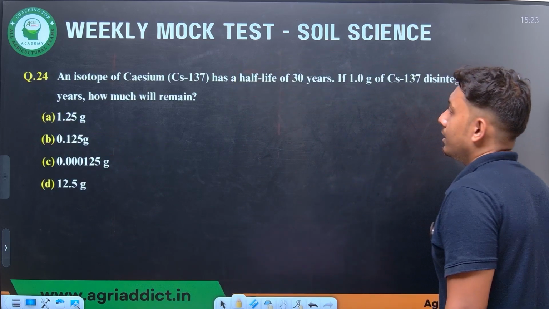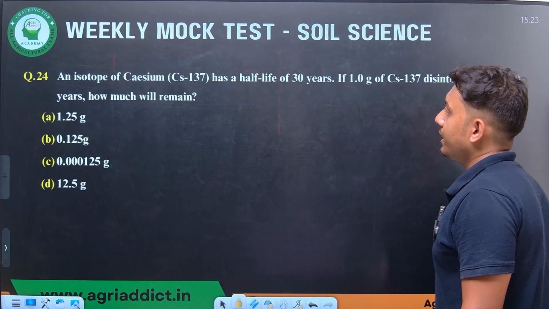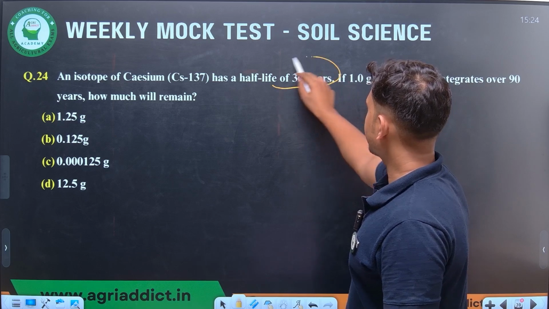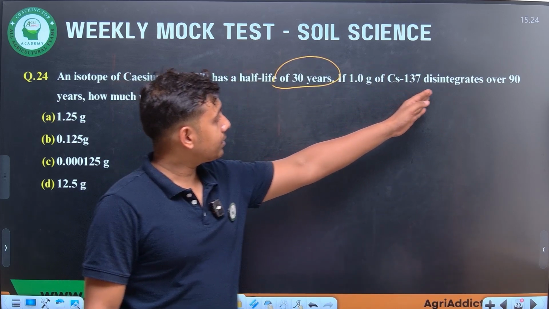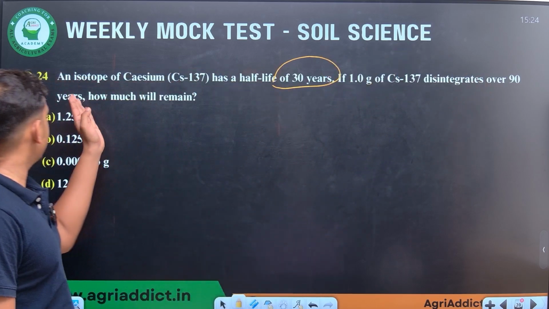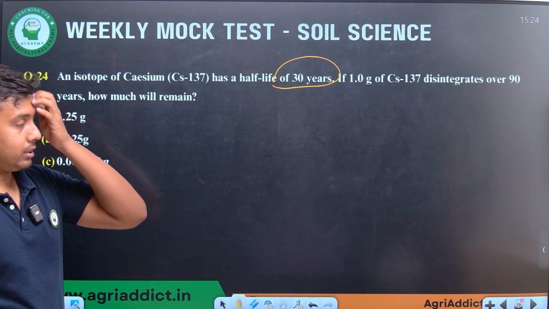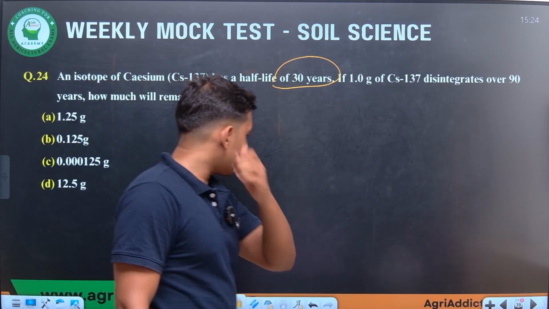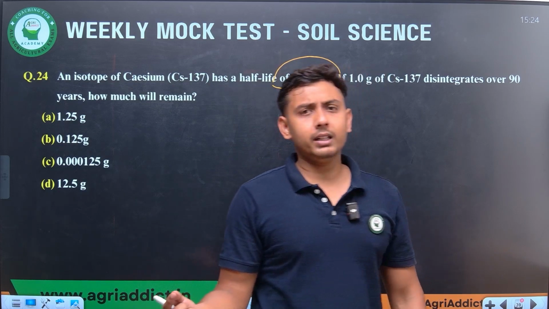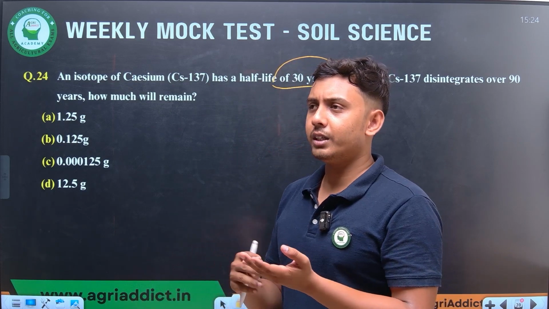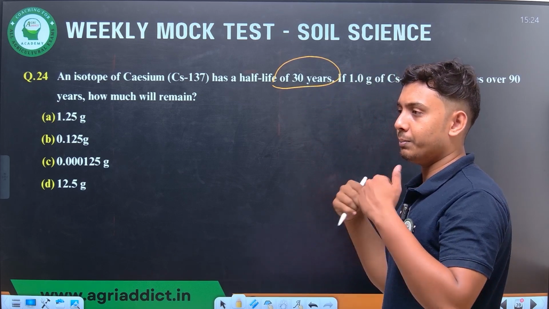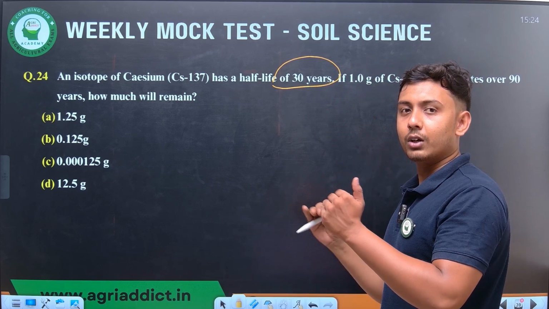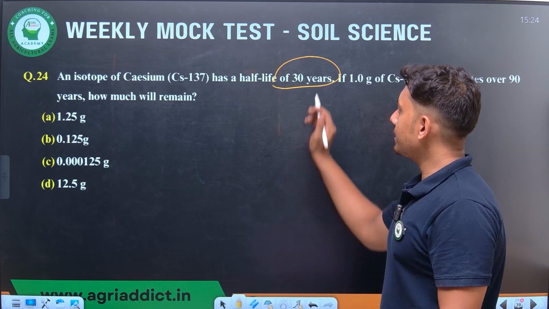Next. An isotope of cesium has a half-life of 30 years. If 1 gram of cesium-137 disintegrates over 90 years, how much will remain? So what is the formula for that? We can do it by calculating by hand also. First we learn the basic method without the formula. After the first 30 years it is half.